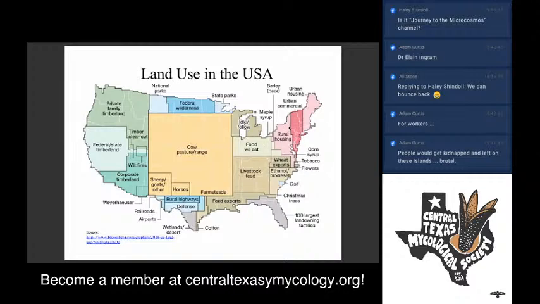Maple syrup is not, that's coming from trees. Barley, any time that there are these broadacre annual agricultural plots, they are using tillage agriculture.